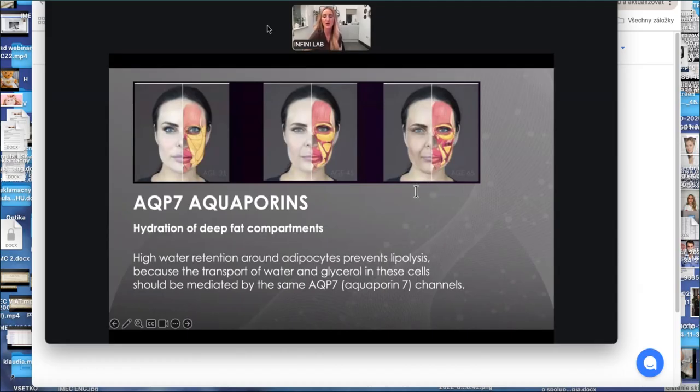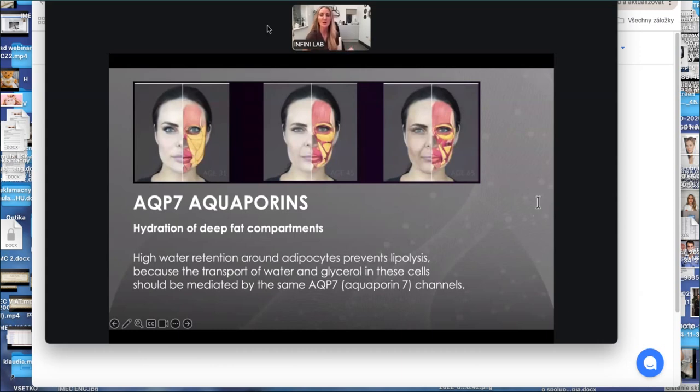And also the deep fat pads, the ones I mentioned earlier, being partly dependent on our body mass, also change with age, and they go through lipolysis as we get older. Today we actually have a solution for this as well. Scientists discovered that lipolysis-related molecules and hydration molecules use exactly the same entry channel, called aquaporin 7.